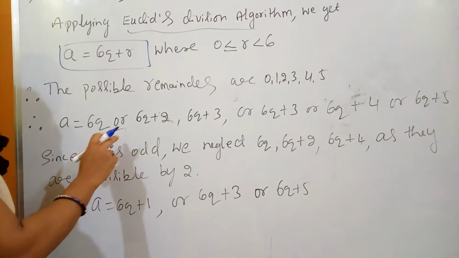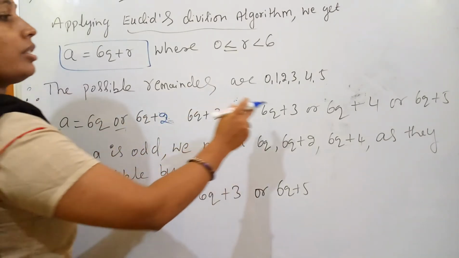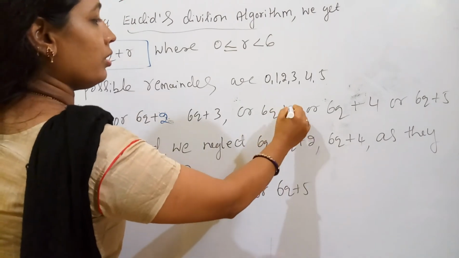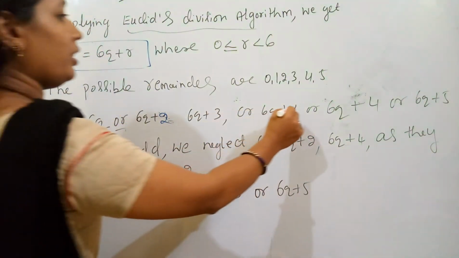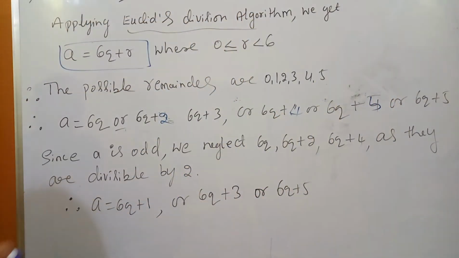So a is equal to 6q, or 6q plus 1, 6q plus 2, 6q plus 3, 6q plus 4, 6q plus 5. Since a is odd, we neglect 6q, 6q plus 2 and 6q plus 4 as they are divisible by 2. Then the possibilities are a is equal to 6q plus 1, 6q plus 3 or 6q plus 5.